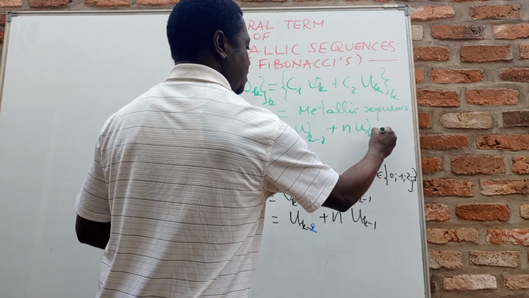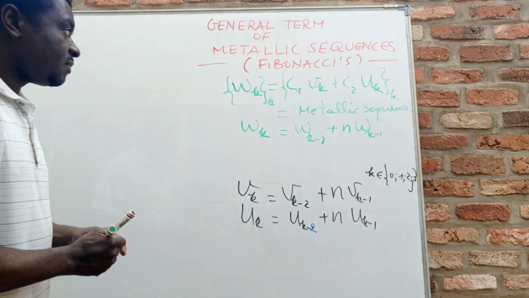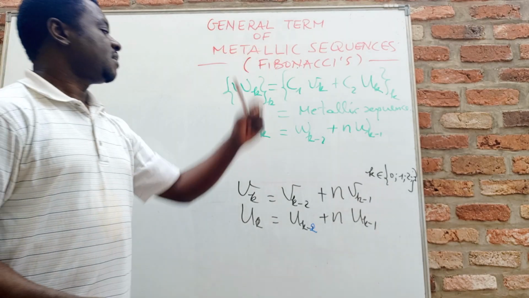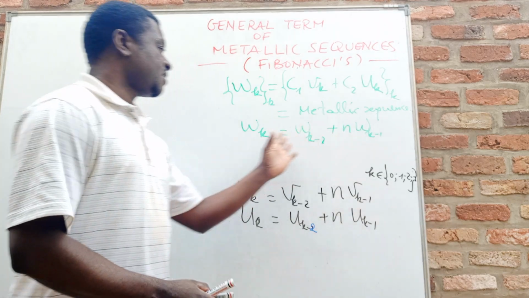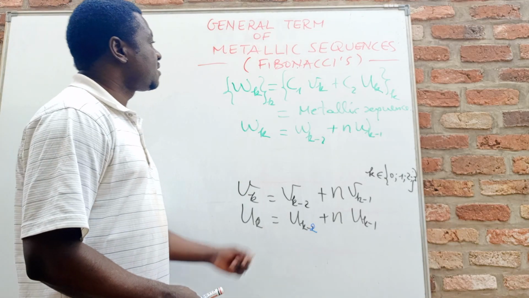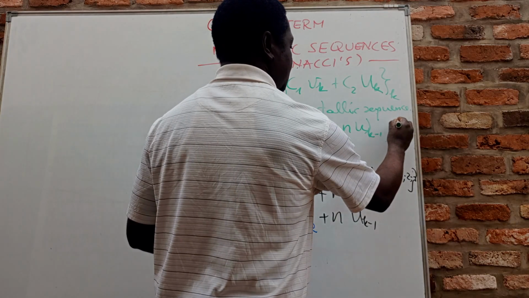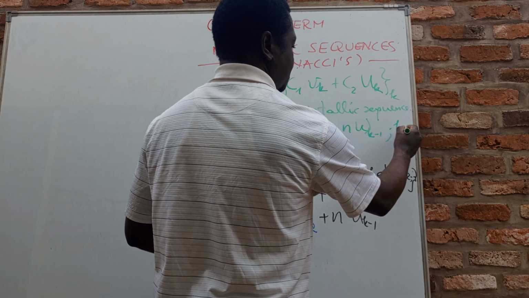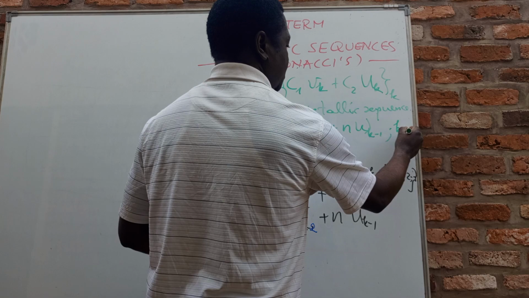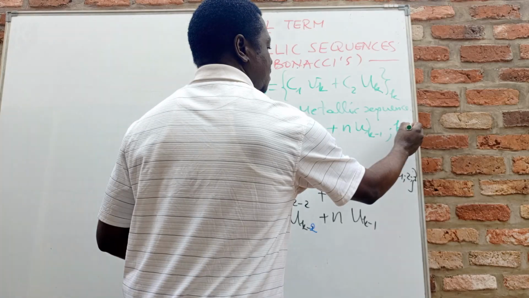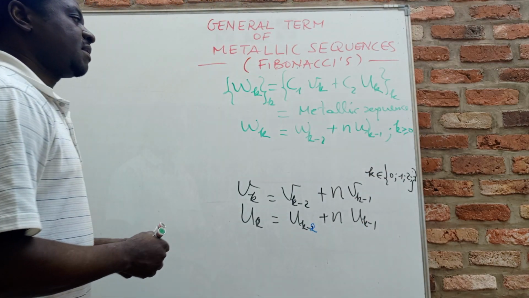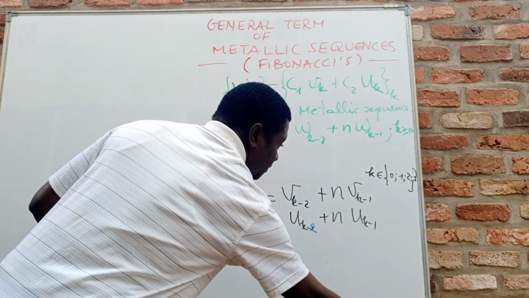This is a recurrence relation verified by every metallic sequence for any index k, an integer, positive or greater or equal to 0.